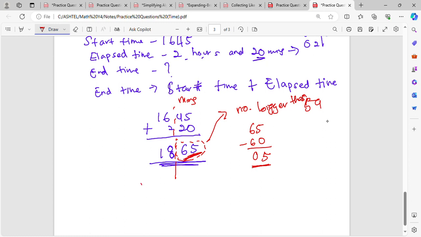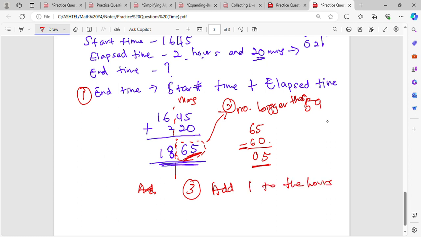After that, number 1, you add. Number 2, you check in the minutes if the number is bigger than 59, you need to minus 60. Number 3, add 1. If you have minused this one, you need to add 1 to the hours.